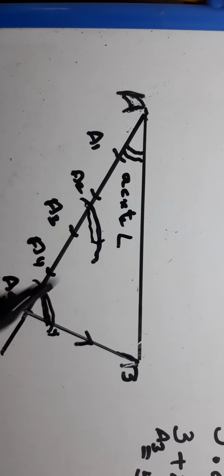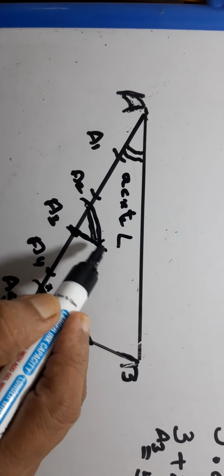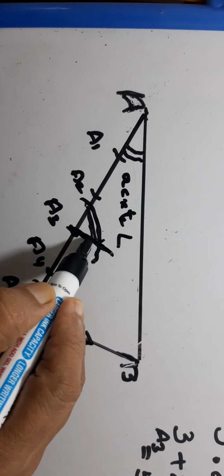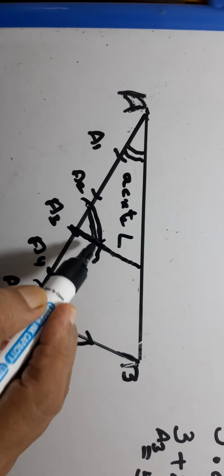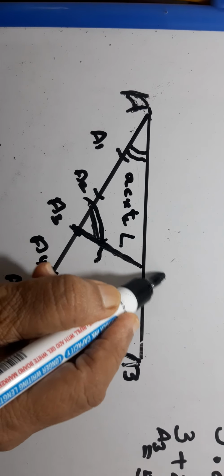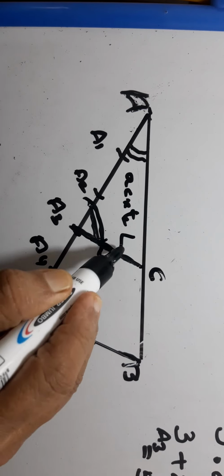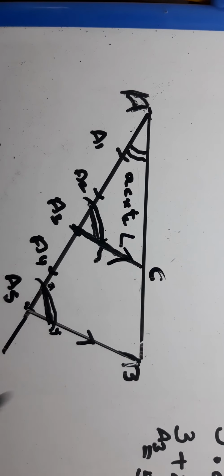So this is also XY now, and this is also XY, both of them are equal. Now you join A3 and pass it through that arc and draw the line like this. So this will be C, and it will be parallel to A5B.